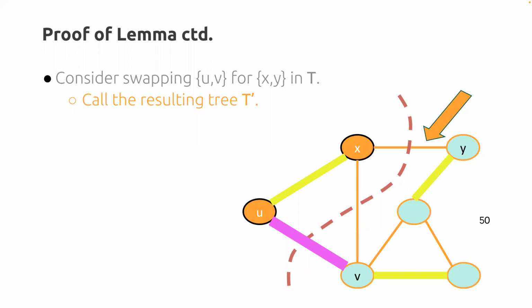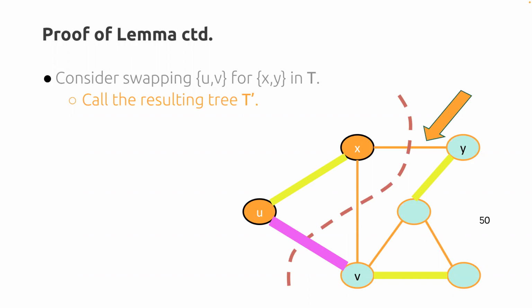So again, consider swapping UV. This is the light edge of the cut, for XY, which is some other edge. Because these edges are both part of the cut, you know this edge has to be cheaper than this edge. It cannot be more expensive because this is the light one, right? The way we picked it is it was the cheapest crossing the cut.